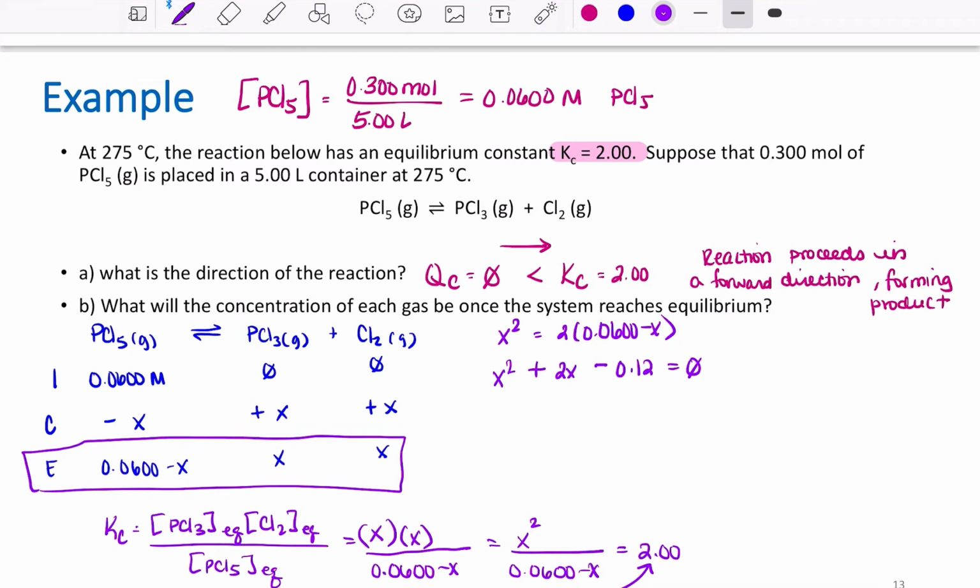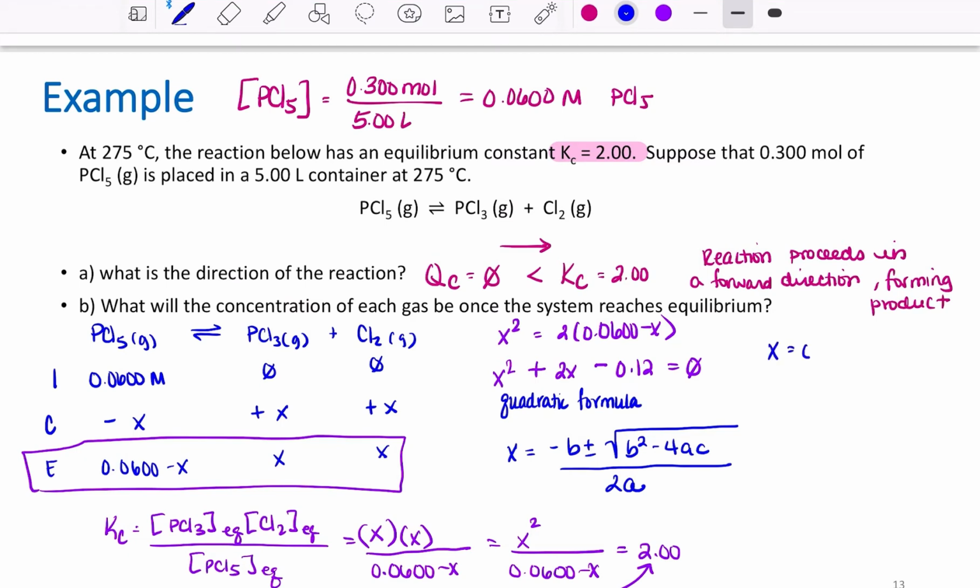And I'm going to use the quadratic formula to solve for the value of X. Remember, X equals opposite of B plus or minus the square root of B squared minus 4AC, all over 2A. Plug all that in.